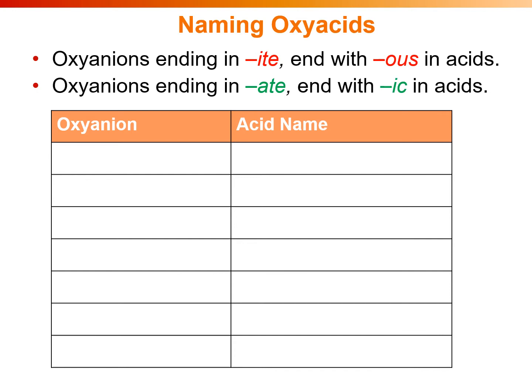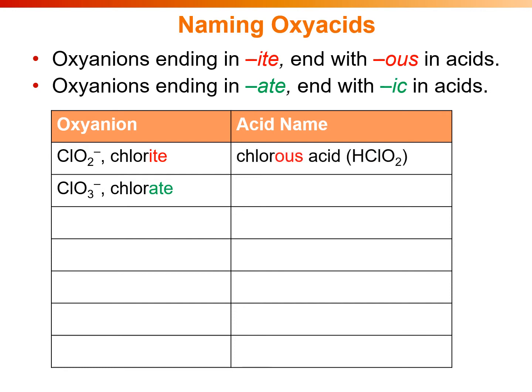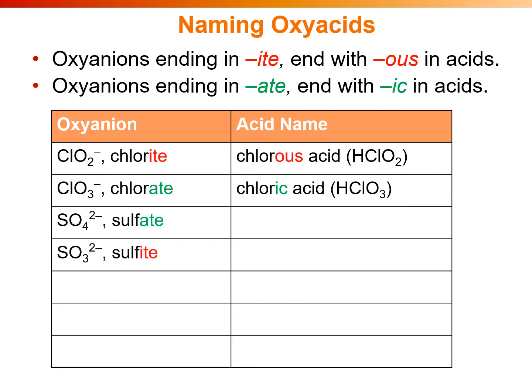Let's try our hand at applying these rules for naming oxyacids. So we've got a couple of oxyanions. We've already seen these before. We have chlorite and chlorate. And to name an acid made from the chlorite ion, it would be chlorous acid. And to name an acid made from the chlorate ion, it would be chloric acid. Now here we have 2 oxyanions made with sulfur.